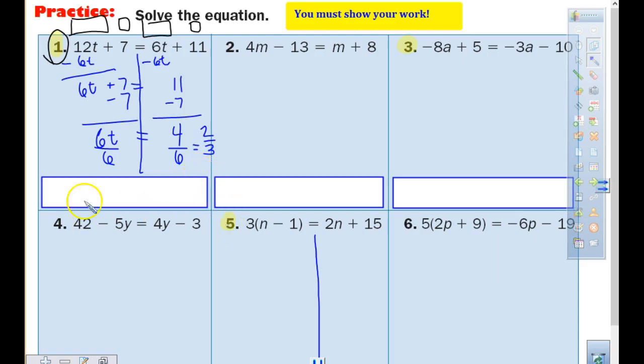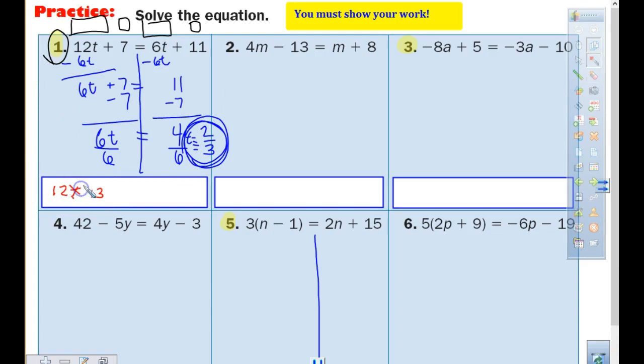So now we want to just make sure that we did it right. So right now we think t equals 2/3, right? Go up here and take your calculator out. If you don't have one, grab one at this time. We're going to write it this way because this is how you probably put it in your calculator, right? 12 times 2 divided by 3. And I just want you to notice you wouldn't even have that parenthesis.